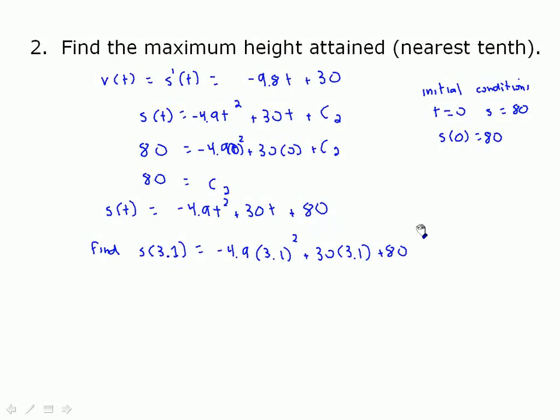And I'll get 125.9 meters. So its maximum height is 125.9 meters.